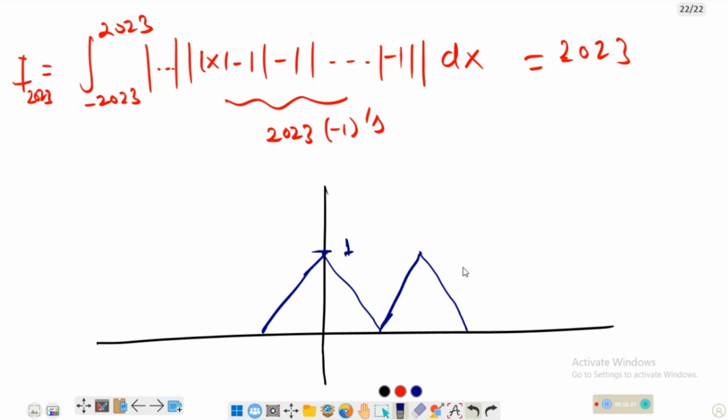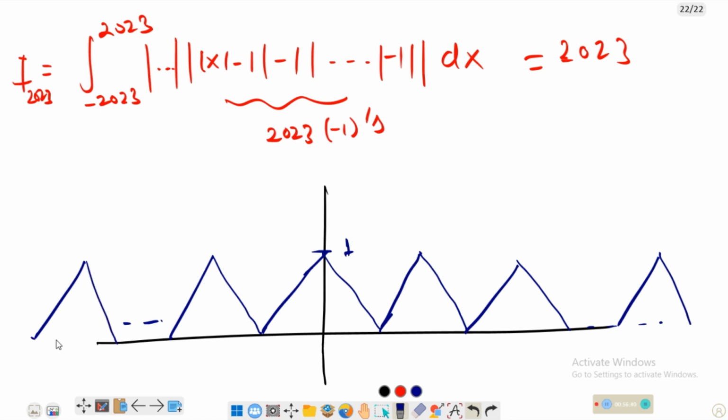This height is 1. So this is minus 1, this is 1, this is 3, this is 5, this is 2021 and 2023, this is minus 3, this is minus 2021, minus 2023.